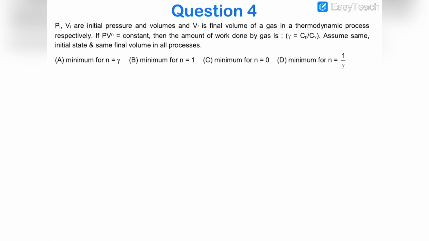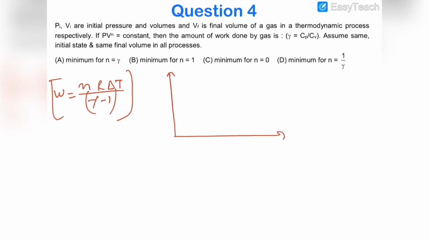So we know that the general formula for the work done is nR delta T upon gamma minus 1 for any polytropic process. But we will not solve this question through this formula. In fact, we will use the graph analogy.